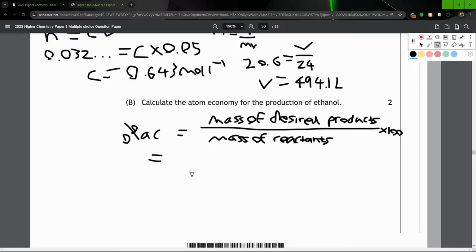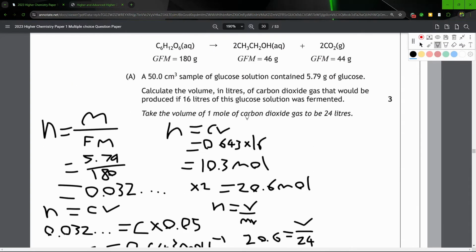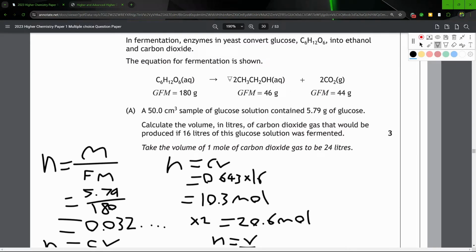Fantastic. Right, let's go and run this through then. So it's production of ethanol, so our mass of desired products, we want to get this, and then our reactants will be this. So yeah, let's go and start adding them all together.